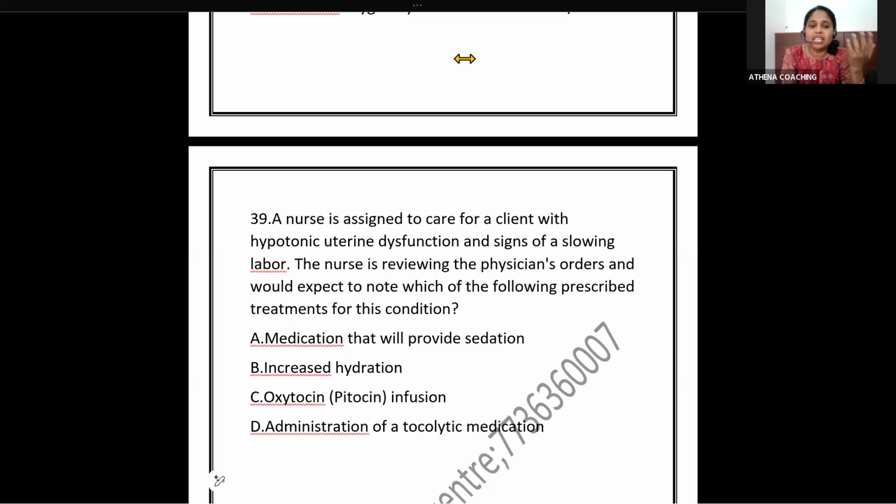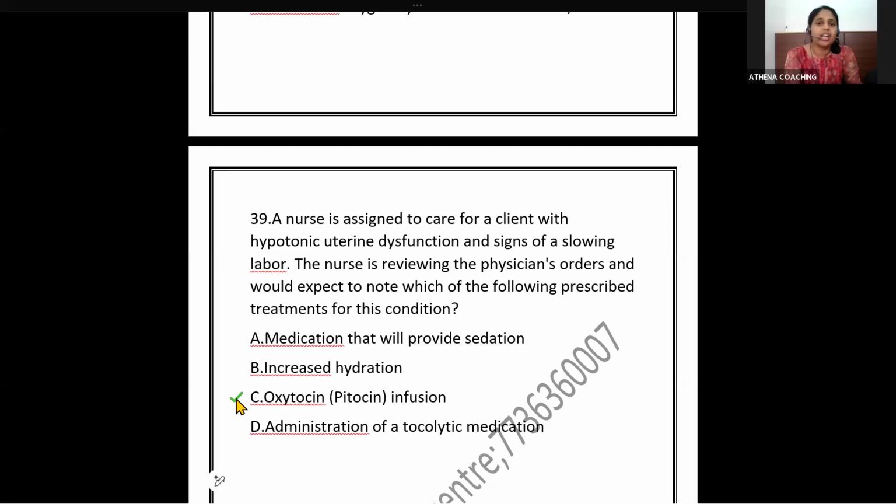So what medicines do you have to administer? What medicines induce contraction? Out of these, the contraction-inducing medicine is oxytocin. What does the last option say? Administration of tocolytic medication. Tocolytic medications are the treatment choice for hypertonic contraction, where contractions are too strong.